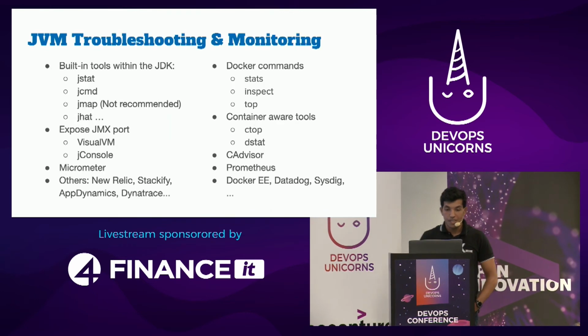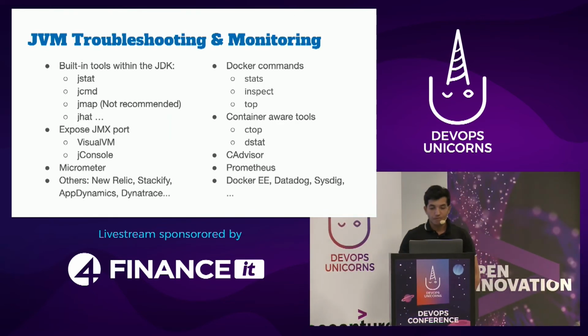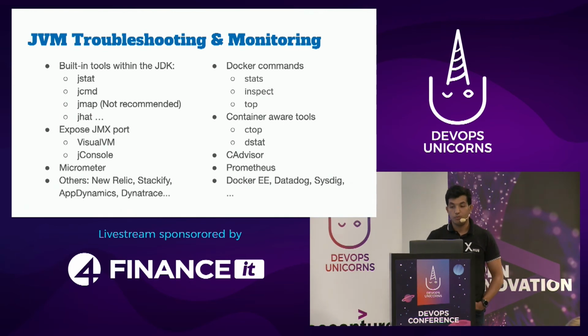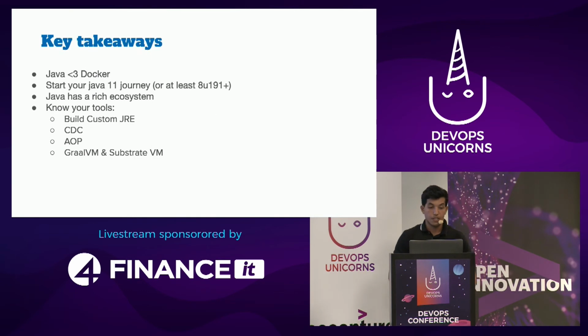My time is up. It is never a good idea to put your application into production without having monitoring tools in place. There are many tools built into the JDK that help keep an eye on how the JVM is behaving, and from the Docker side, there are many tools that enable us to look at how our container is doing.